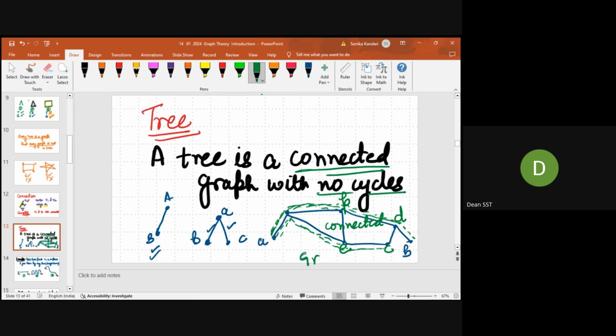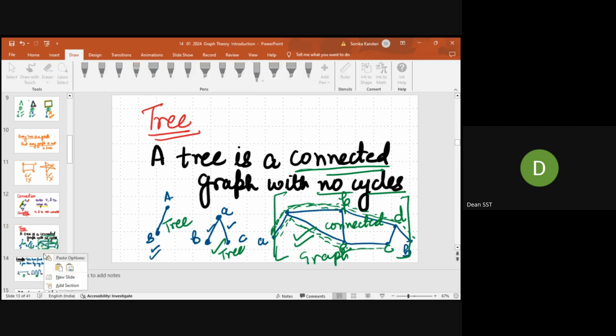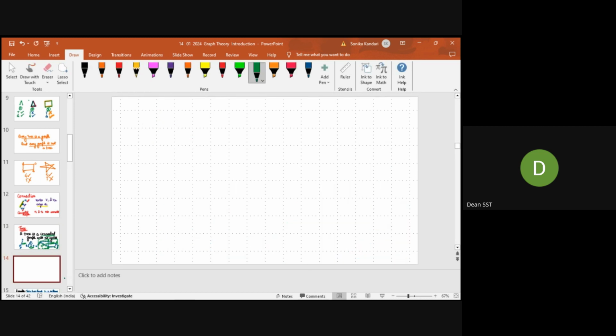On the right hand side I have drawn a graph just to show what connection actually means. Fine. Is it clear? Now I am drawing some diagrams.